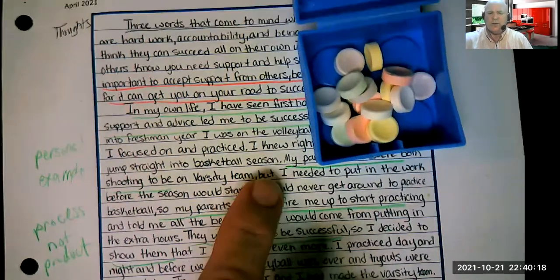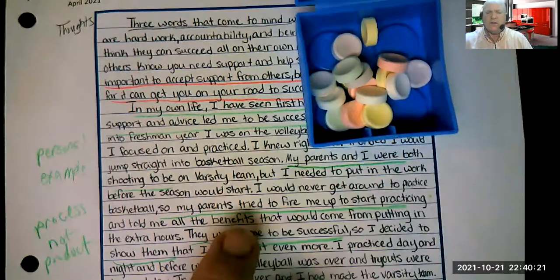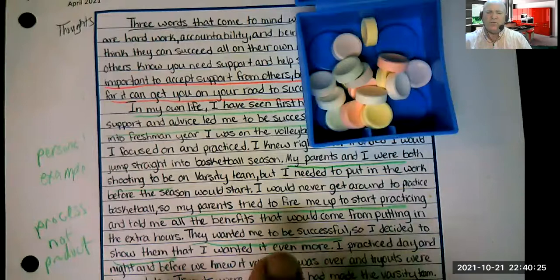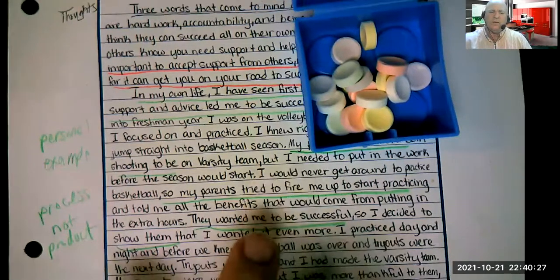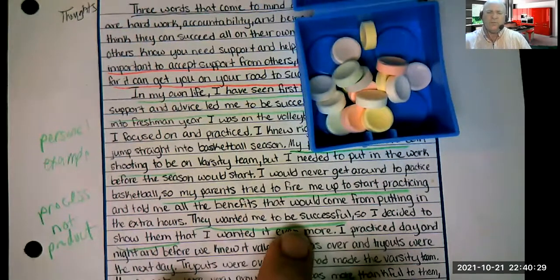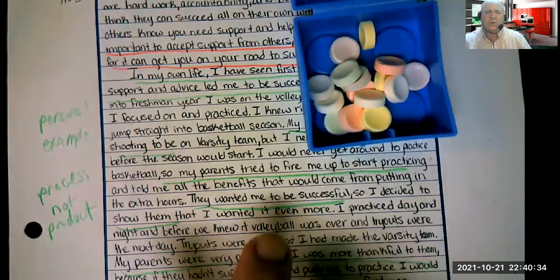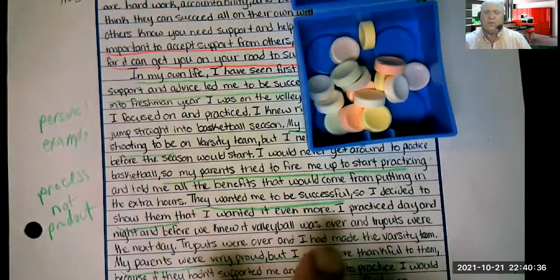And so as we transition, sometimes another sport can take up all your time. And so they're doing a pretty good job of moving from one sport to the other. "Volleyball is over, tryouts were the next day." And so not tryouts, volleyball, because that's what's over.